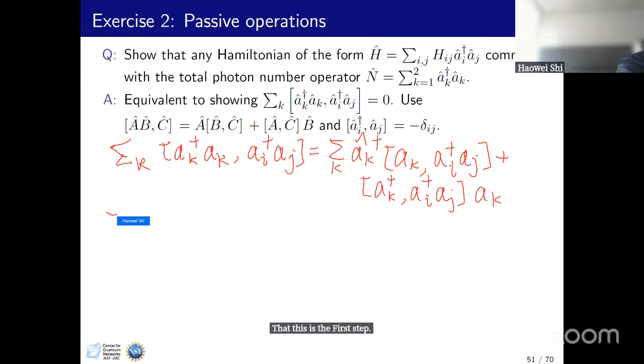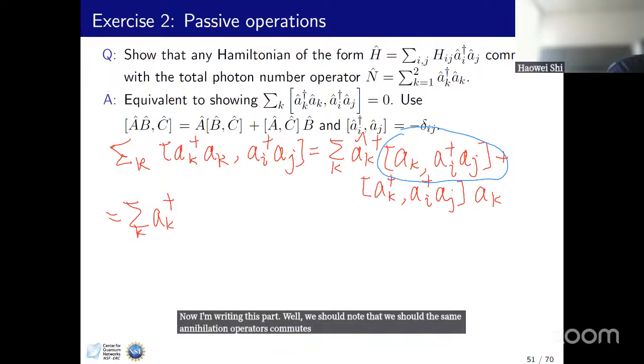And we can further decompose this. Now I'm writing this part. We should note that the same annihilation operators commute, a and a, so we will only have the a and a dagger term.